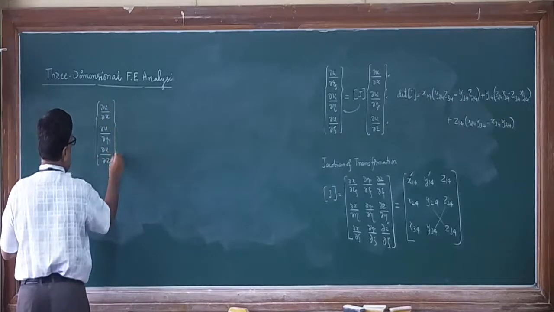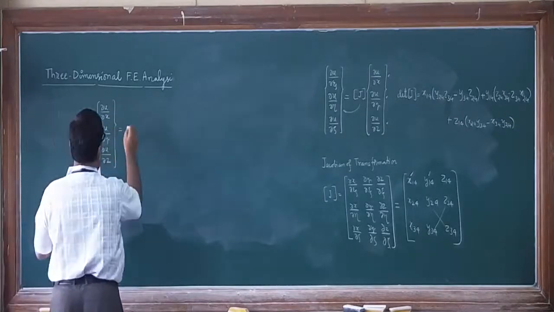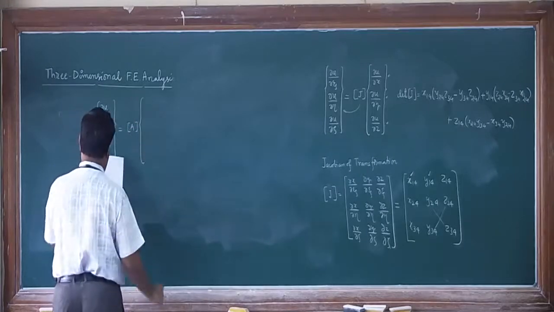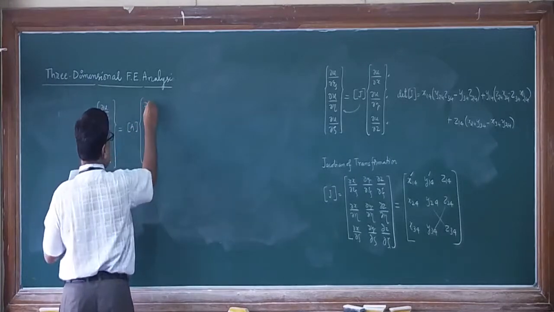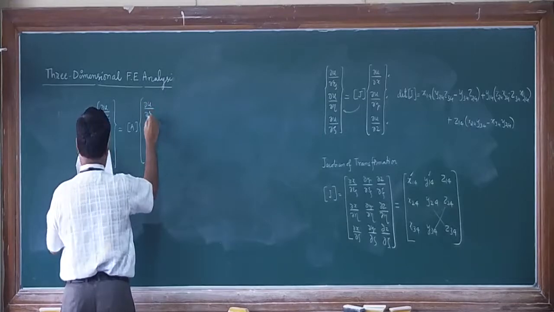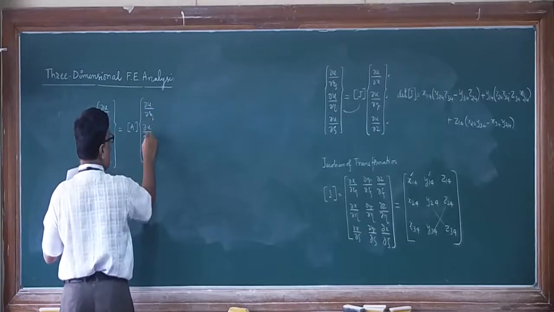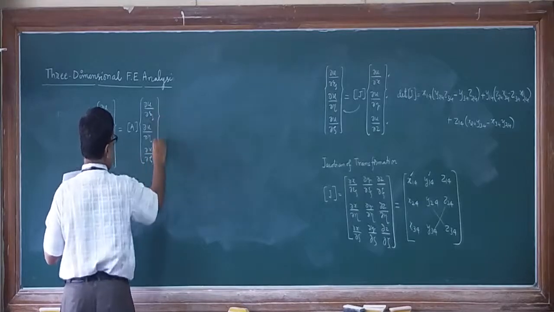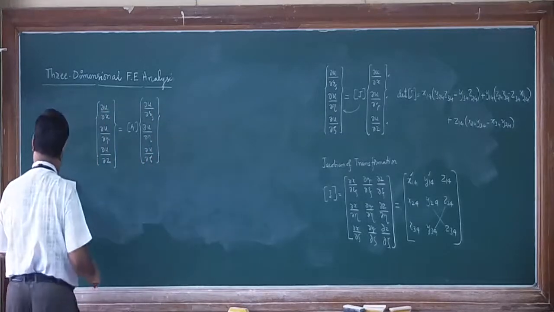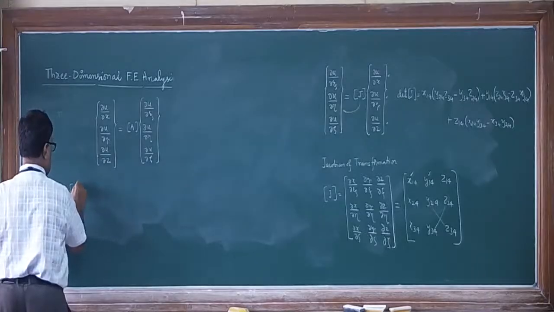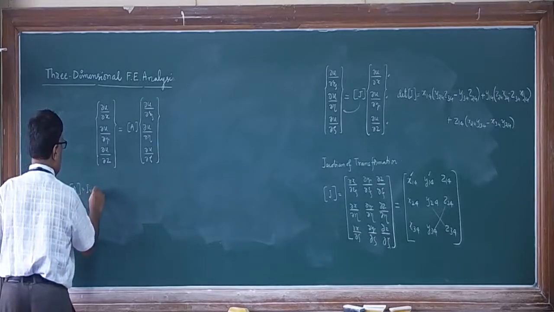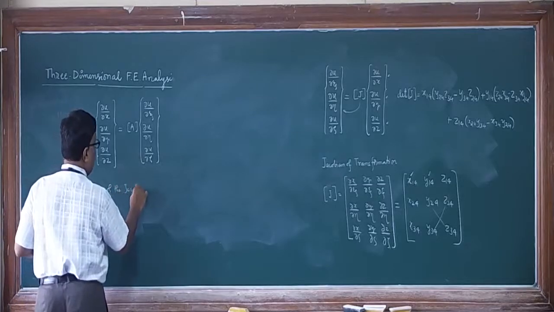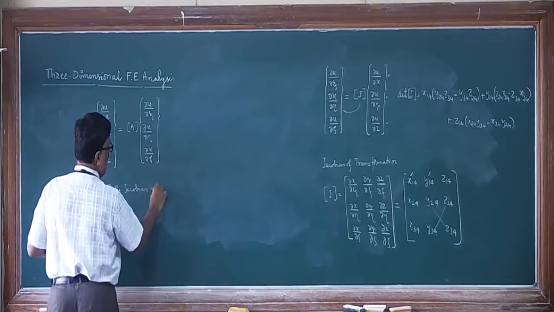And if you look at this, we call it the A matrix, because what is A, I will give you in detail, which is nothing but the inverse of the Jacobian matrix, dou u by dou zeta, dou u by dou eta, and dou u by dou this, like this, where A is the inverse of the Jacobian matrix.